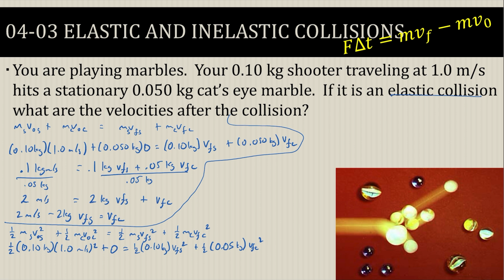So this gives me 0.05 meters squared per second squared equals 0.05 kilograms VFS squared plus 0.025 kilograms VFC squared.